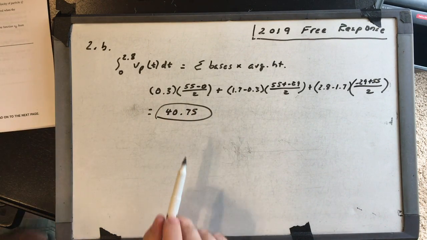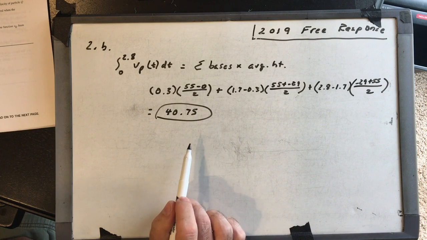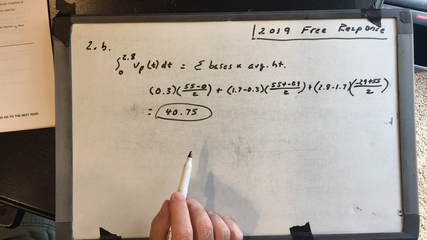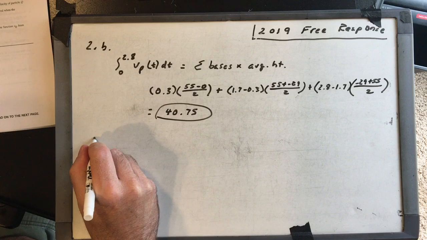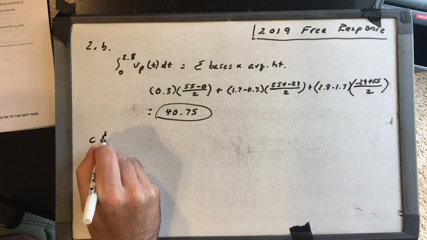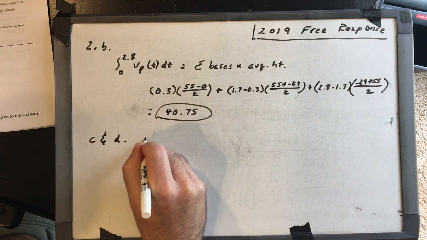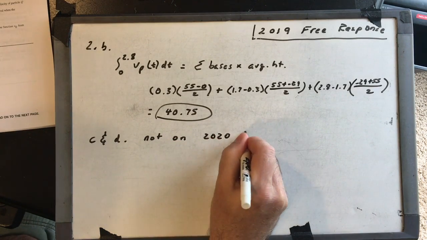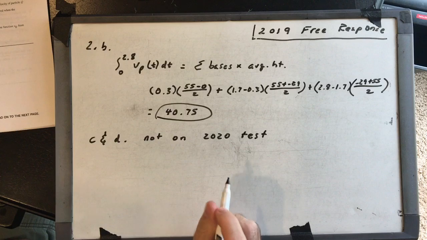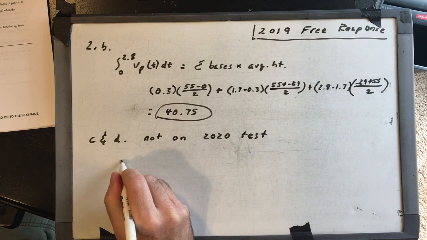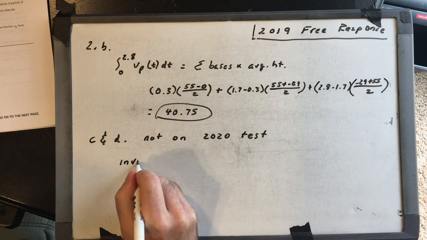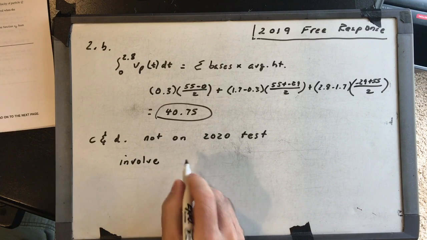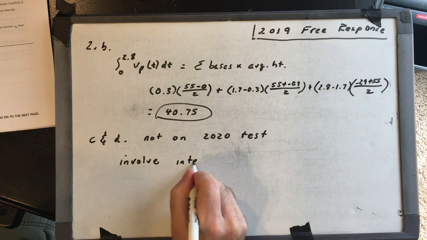So I think parts A and B would be fair game. C and D, no, and let me tell you why. C and D are probably not on the 2020 test because they involve integration.